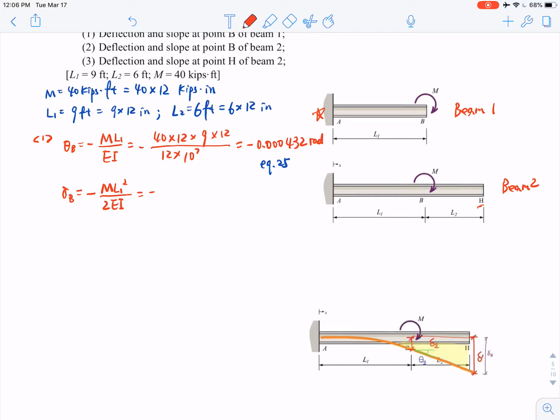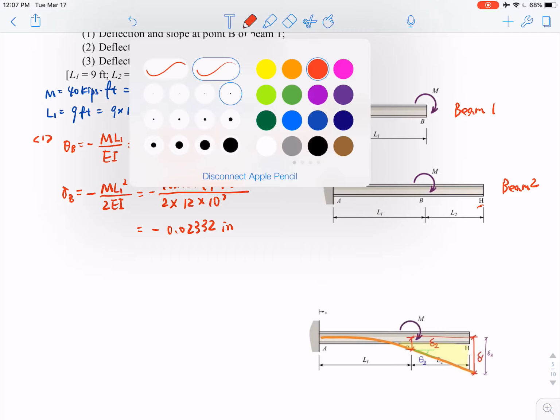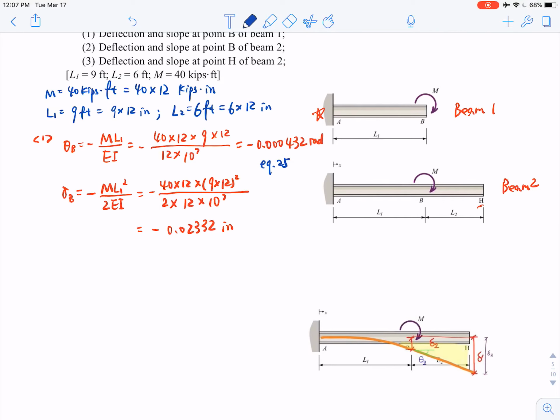That is negative 40 by 12 by 9 by 12 square over 2 times 12 by 10 to the 7th. And the result here will be negative 0.02332 inch. And this is our equation 26.